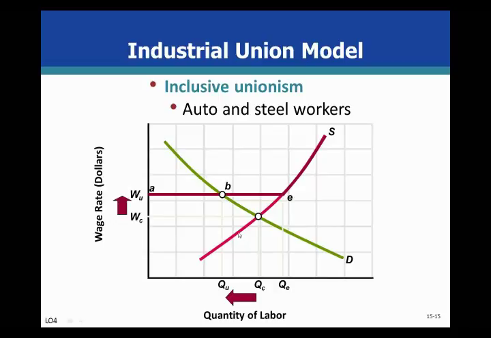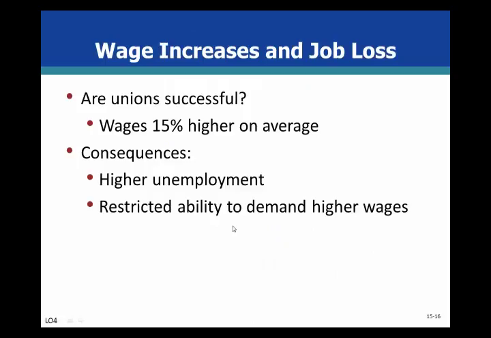Now, again, over the years, this has changed quite a bit because of changes in the overall economy. Are unions successful? Basically, for the most part, with wages, yes. The consequence of that is there are not as many people hired, and so you're looking at having the wage rates, but not as many people adding to the productivity.